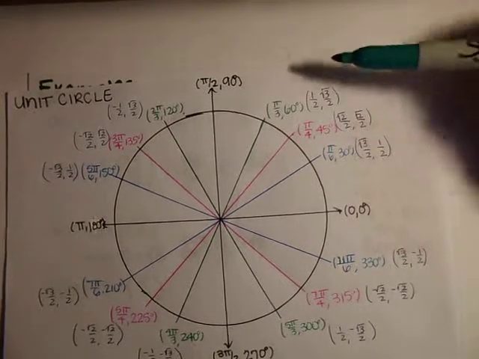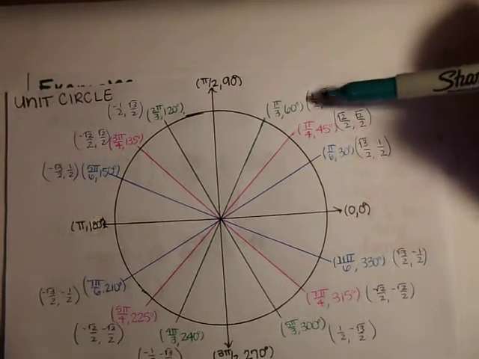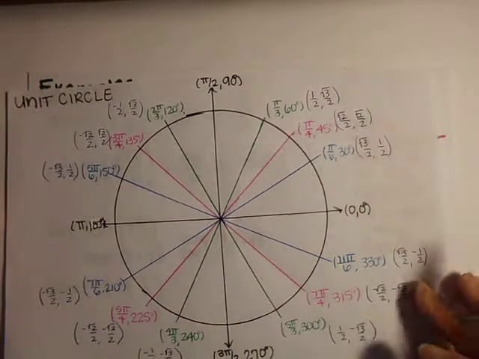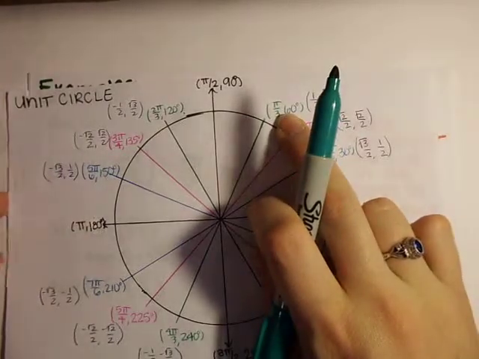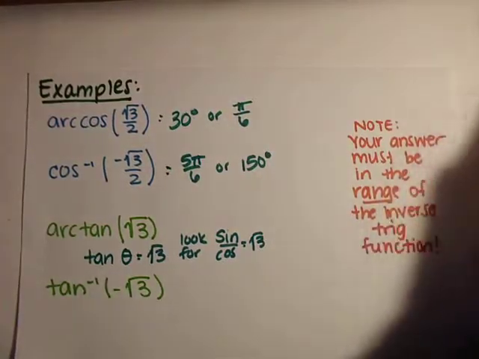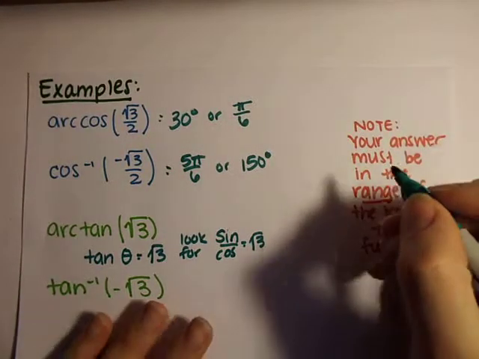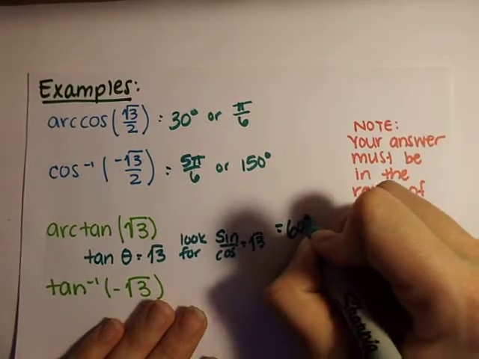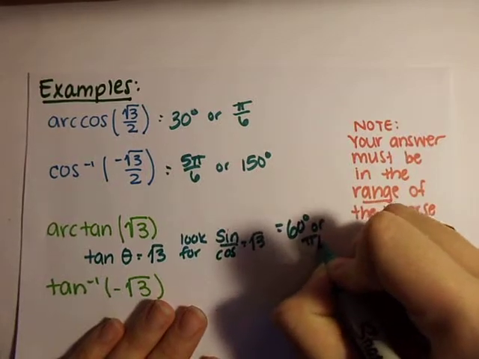This is going to be square root of 3 over 2 divided by 1/2, because you multiply by the reciprocal and their 2's will cancel. So this is pi over 3 or 60 degrees.